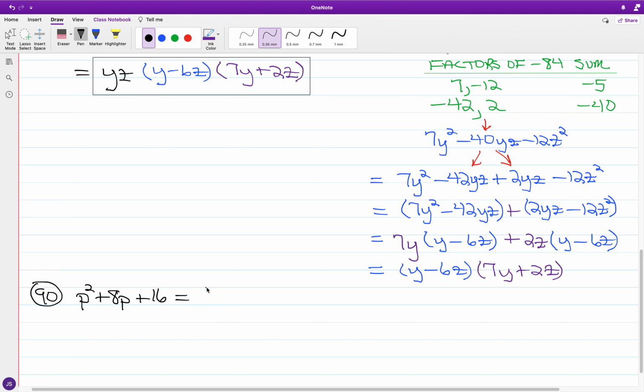And if we factor, just as x squared goes to x and x, p squared goes to first order variables in p. And for 16, factors of 16 that will add up to 8. So we have positive 4 applied to both, and p plus 4 repeats, and so since we have repetition, it turns out that p squared plus 8p plus 16 is equal to p plus 4 raised to the second.